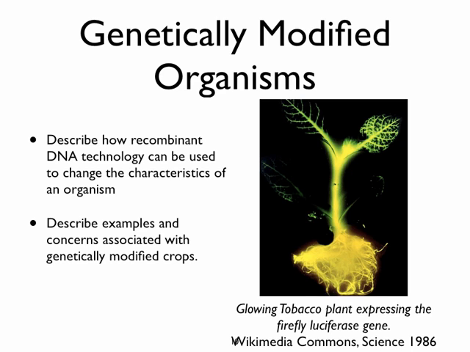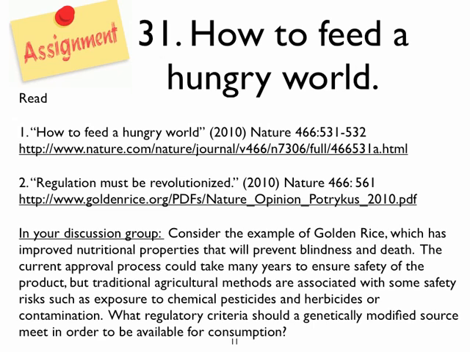And so we talk about what type of regulatory criteria should be present in order to determine whether or not a genetically modified material should or should not be used for human consumption. And again, we talk about the science involved, as well as the ethical considerations and the safety considerations.